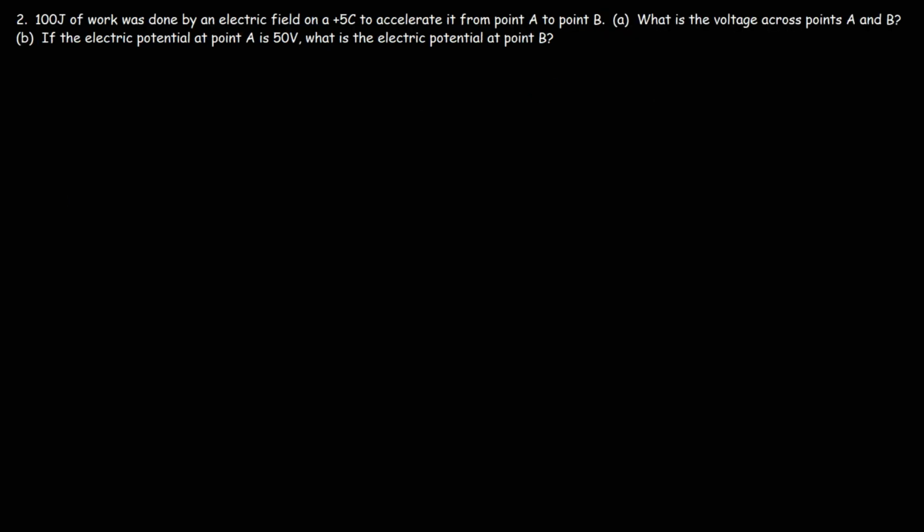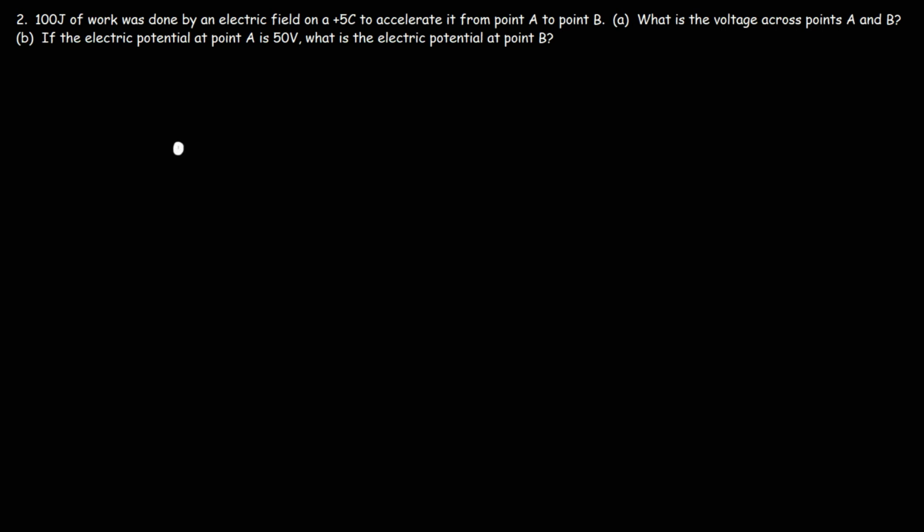Number 2, 100 joules of work was done by an electric field on a 5 coulomb charge, to accelerate it from point A to point B. What is the voltage across points A and B? So let's draw a picture.